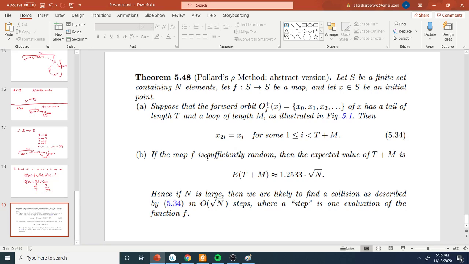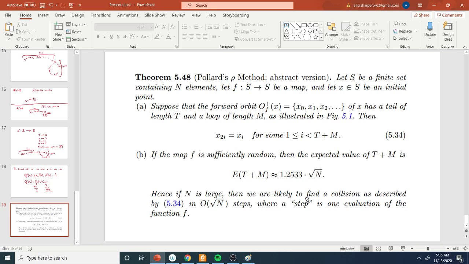And if this map f is sufficiently random, then the expected value of the length of the tail plus the length of the loop is approximately equal to 1.2533 times the square root of n. Hence, if n is large, we are likely to find a collision in O of the square root of n steps.